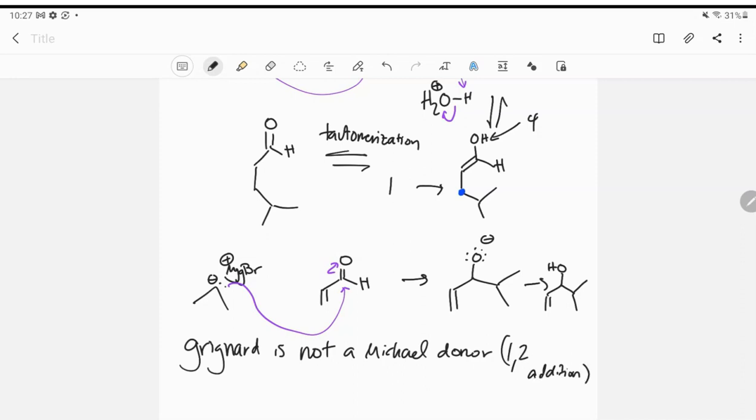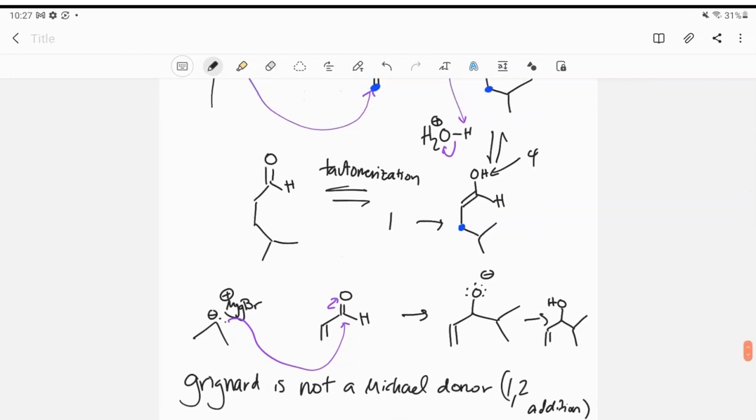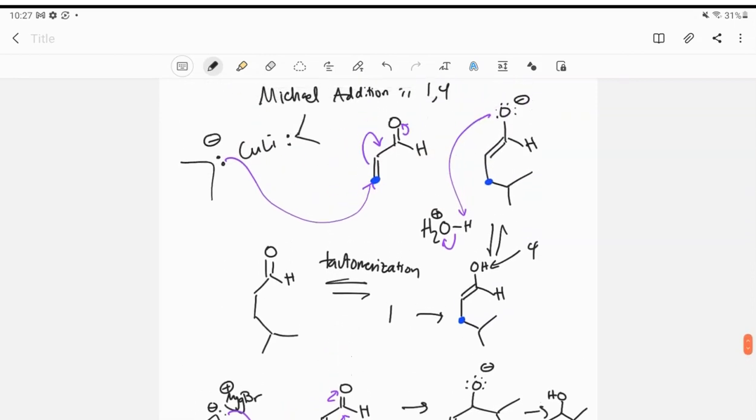So you add your isopropyl group on one carbon, and then one atom away, you add your hydrogen. That is a 1,2 addition. With the 1,4 addition, we added our isopropyl group on a carbon, and then 3 bonds away, we added our hydrogen. So that is a 1,4 addition. And that's what you're going to see happening with Michael additions.